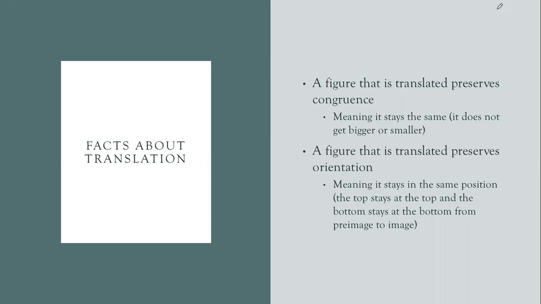So these are two things you need to highlight on your paper. If I'm translating, that means I preserve congruence. Preserve congruence. That means I stay the same. If I move something, it didn't get bigger or smaller. It stayed exactly the same. It preserves congruence.